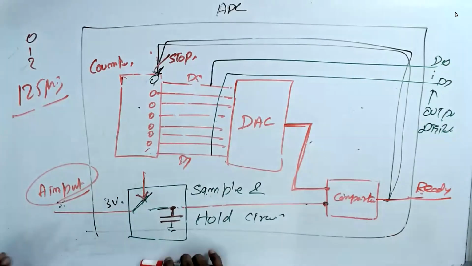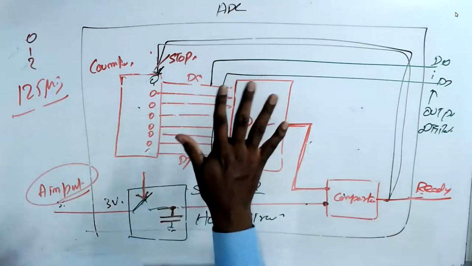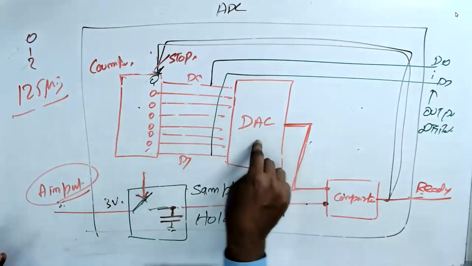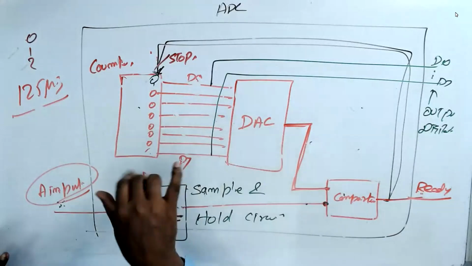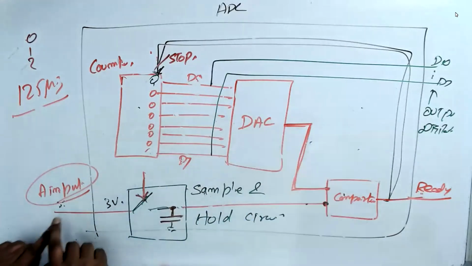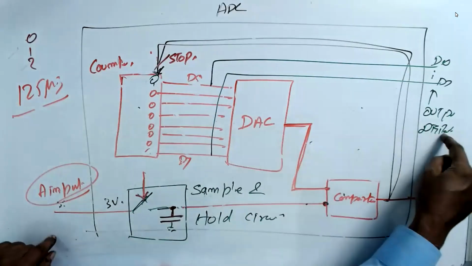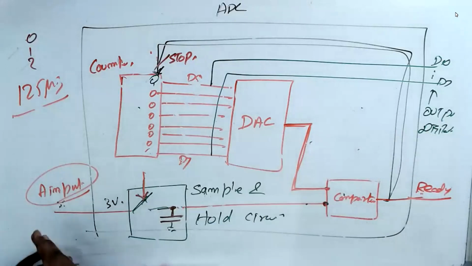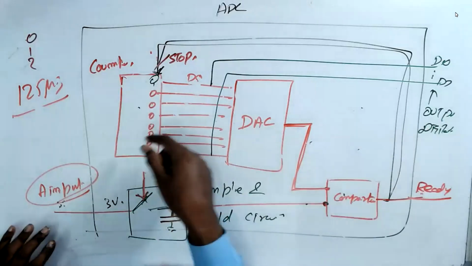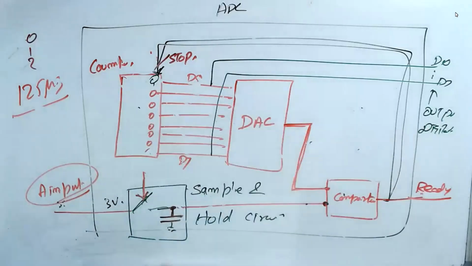That means it takes some time. There are so many methods they use nowadays, but this ADC takes some time to convert from analog to digital output. Not as fast as the DAC. Digital to analog will be faster, but analog to digital will take some time because it has to compare various voltages.